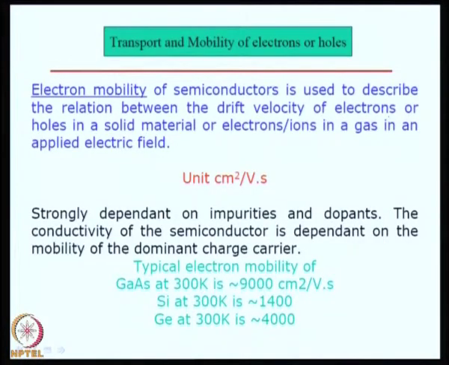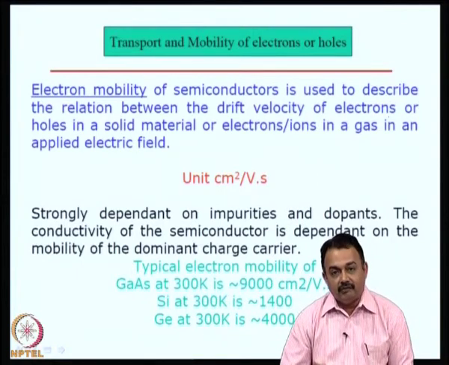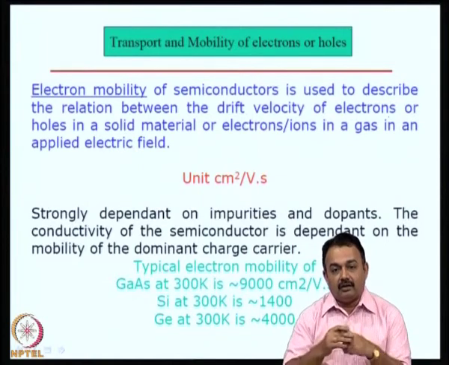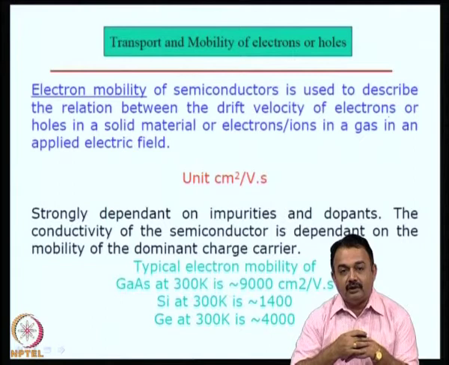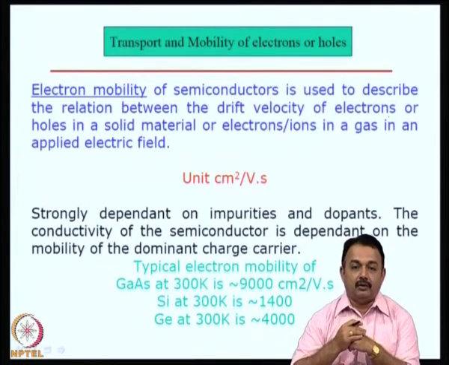Now, I talked about transport and mobility of electrons or holes. So, electron mobility of semiconductors is used to describe the relationship between the drift velocity of electrons or holes in a solid material or electrons or ions in a gas in an applied electric field. So, the unit is centimeter squared per volt second, and it is strongly dependent on the type of impurities and dopants you are going to add.